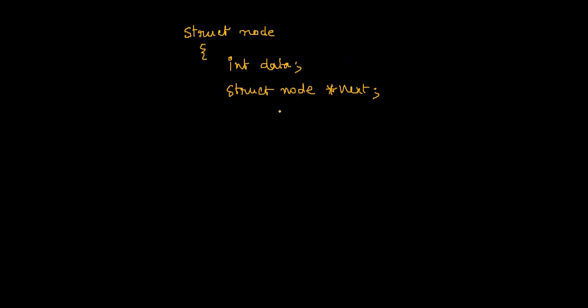But in a doubly linked list, we will need one more variable of the same type, because it is going to point to the same type of node, but the direction is just opposite. So I can name the variable prev, so that you can easily realize its exact functionality. So this is the structure declaration for the node of a doubly linked list, right?